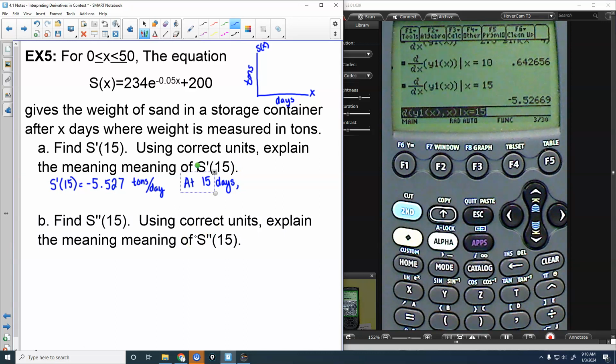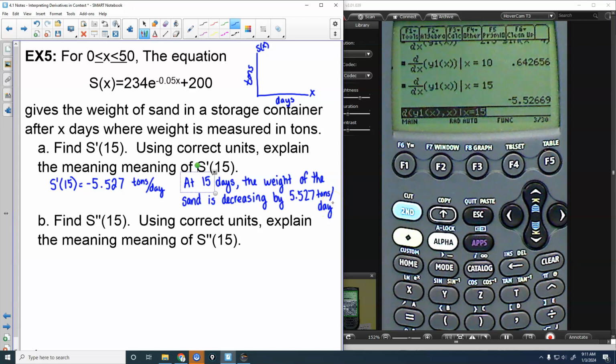So at 15 days, what's happening to the sand? Are we increasing or decreasing? We're decreasing because we have a negative rate right here. So the weight of the sand is decreasing by, now careful here, 5.527 tons per day.